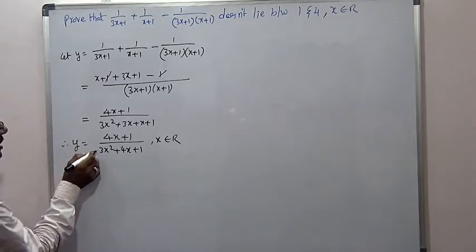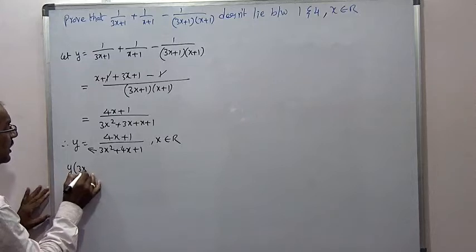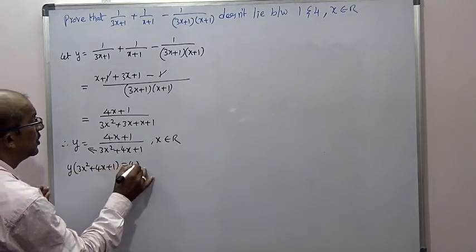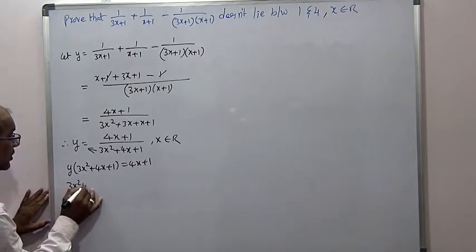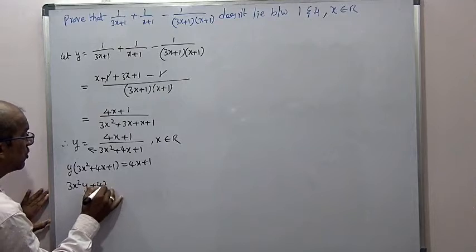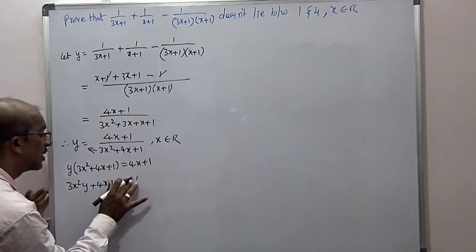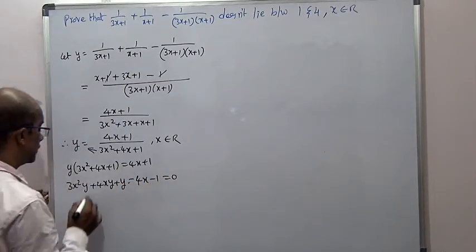Now the same procedure: cross multiply. y(3x²+4x+1) = 4x+1, so 3x²y + 4xy + y − 4x − 1 = 0.